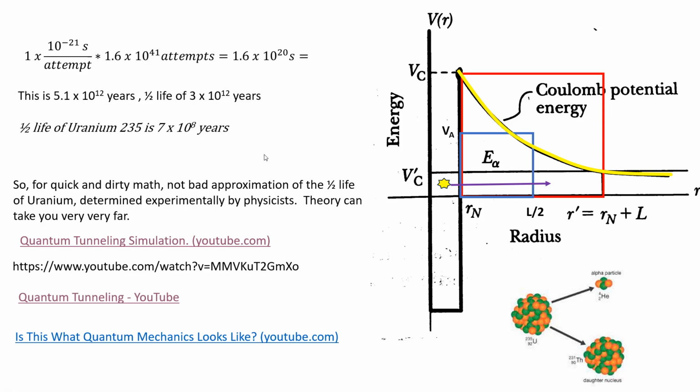If you're interested, here is the YouTube link for the quantum tunneling simulation that I showed you. It's pretty amazing that we can use mathematics to estimate the probability of a spontaneous decay occurring.